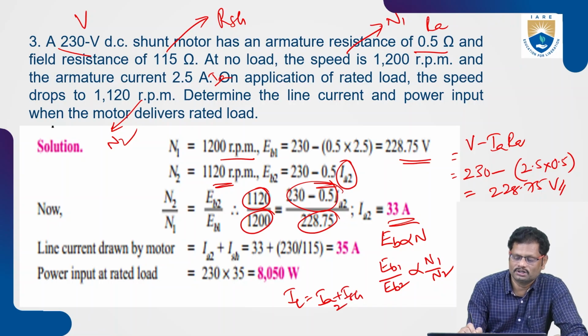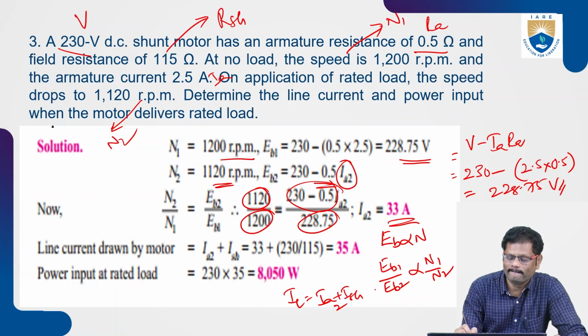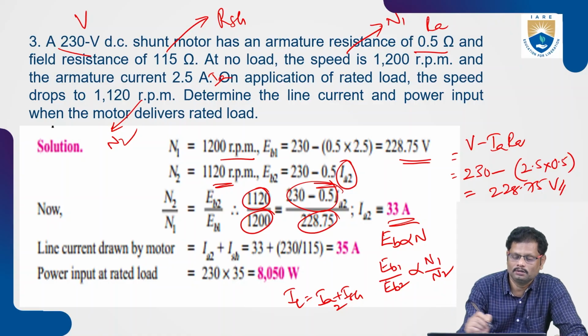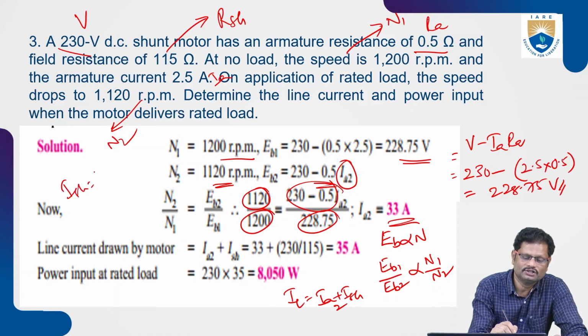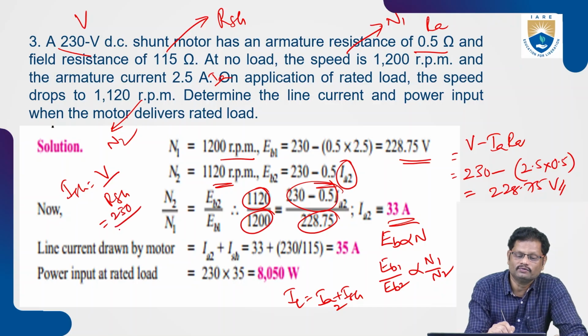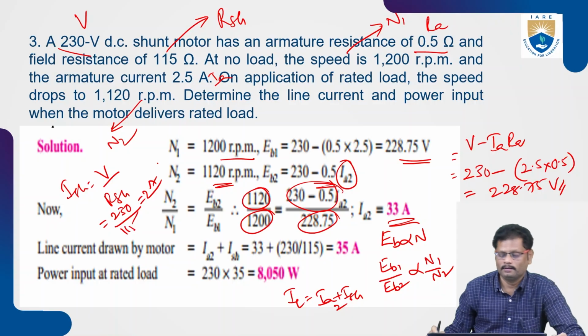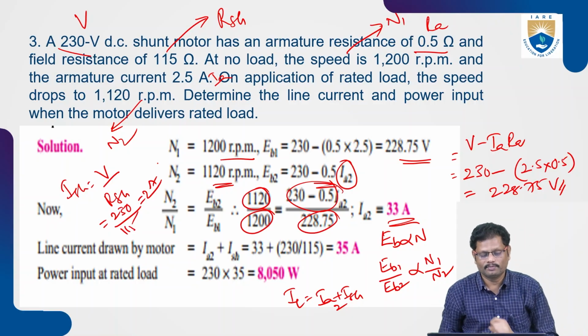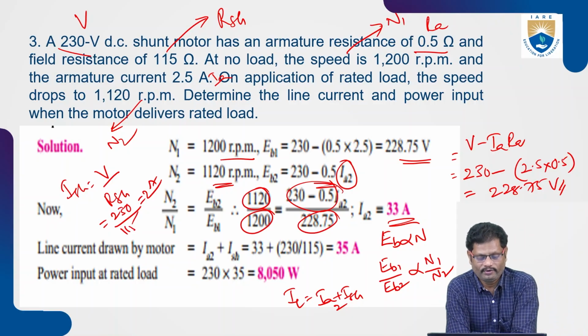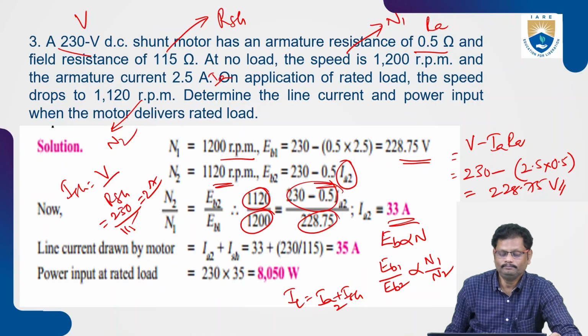IA2 is 33 and ISH we can calculate as V by RSH. V is given as 230 and RSH is given as 115, so it is 2 amps. So 33 plus 2, 35 amps is the line current.